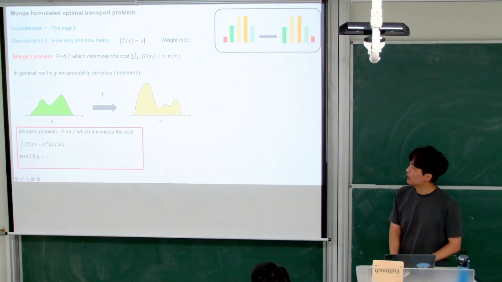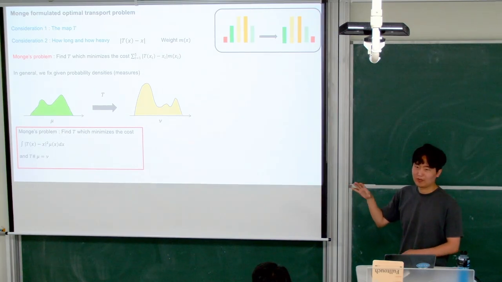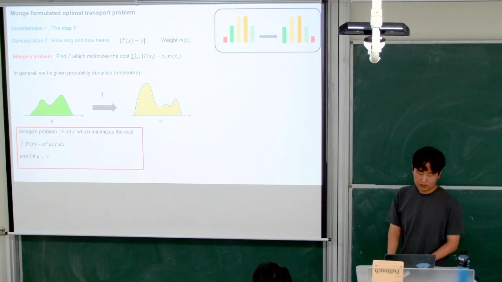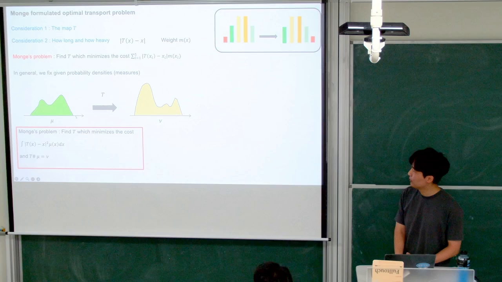Actually, I wrote it as the square, T of x minus x squared, but actually this can be any distance in the space that you are considering. And actually the choice of distance is very important for the property of the optimal map. And here mu of x means the initial weight or initial distribution.